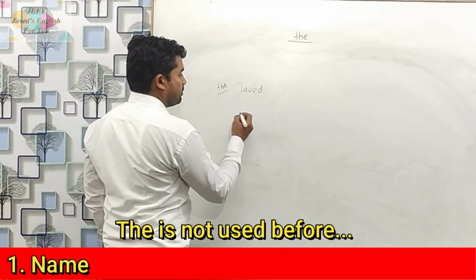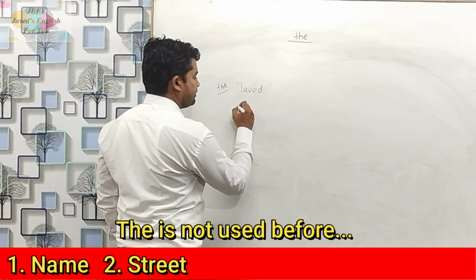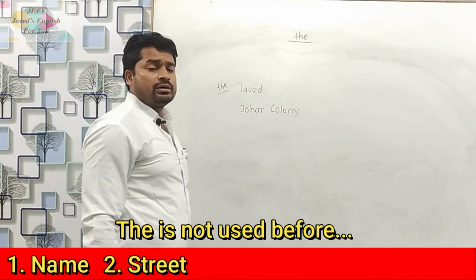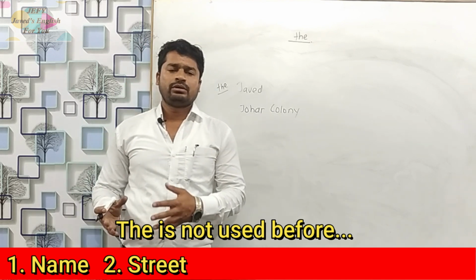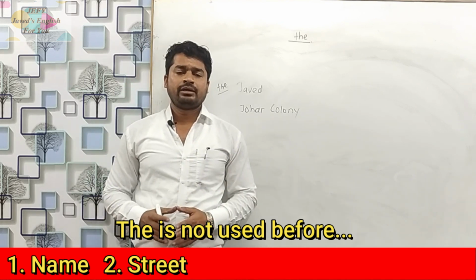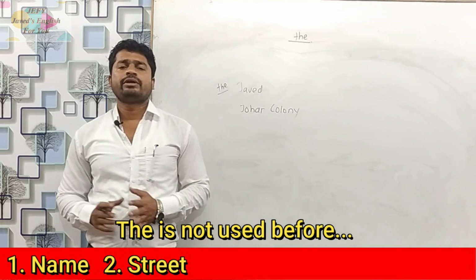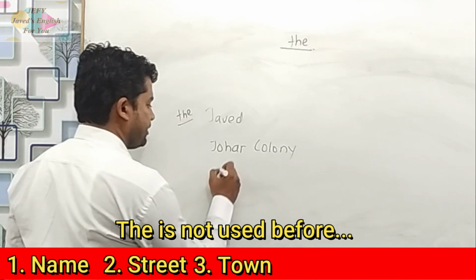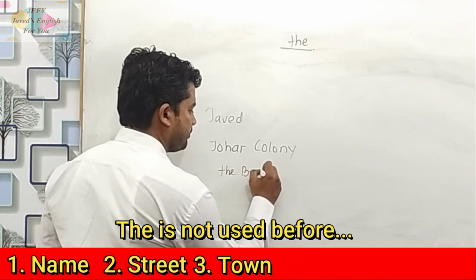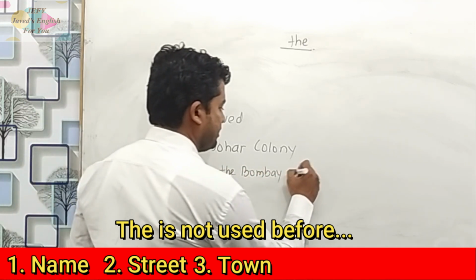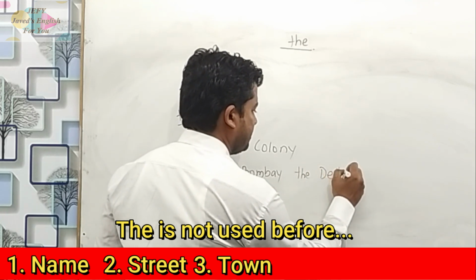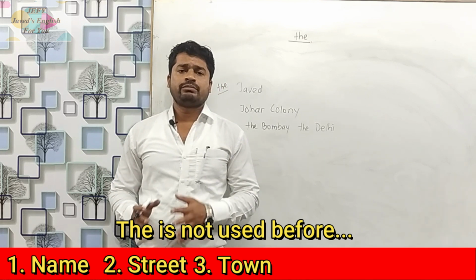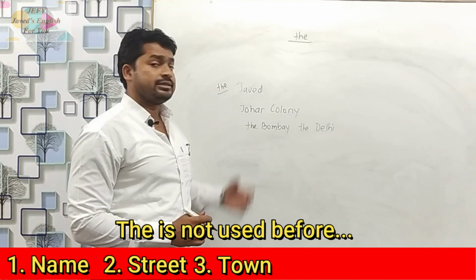Number 2, before the street, like I cannot say the Johar Colony or the Nehru Colony or the Gandhi Colony. Before the names of streets, we cannot put the. Before the name of towns or cities, I cannot say the Bombay. I cannot say the Delhi. Okay. Articles can never be put before the names of cities and towns.